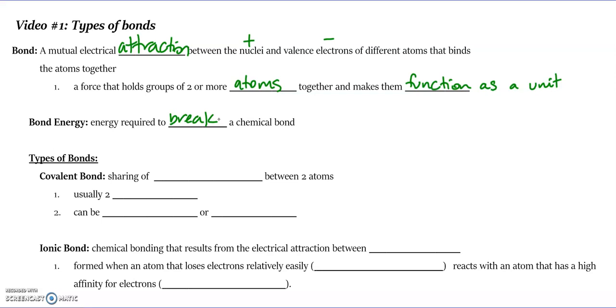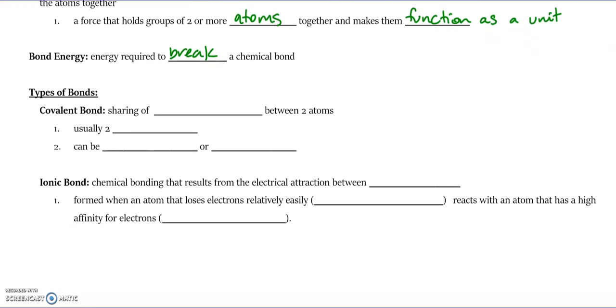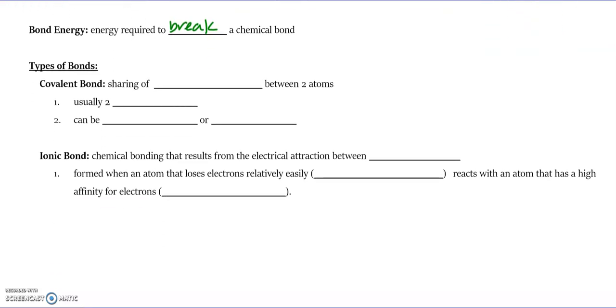There are two main types of bonds that you need to know about. First is a covalent bond. This is a sharing of electrons between two atoms. It's usually between two nonmetals, and it can be polar or nonpolar. We're going to get into the polar nonpolar piece more in a little bit.